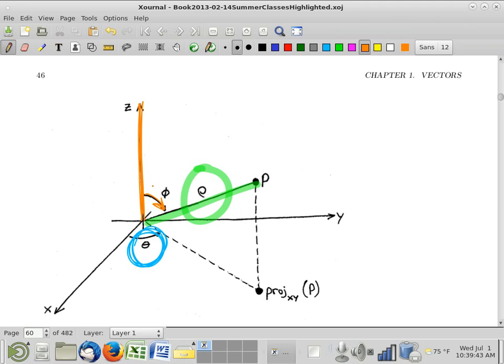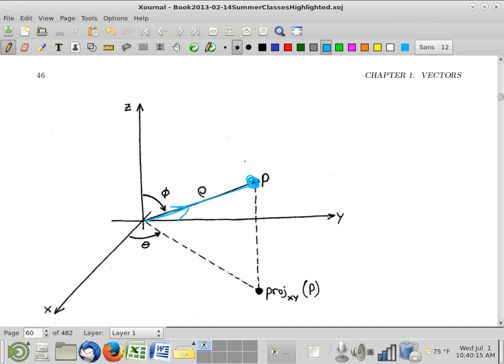Now notice theta doesn't go toward the point. Theta is measured from the x-axis, but it goes over to the shadow line. So phi and theta are definitely a little bit different there. It remains though that if you give me a rho, a phi, and a theta, given the theta and the phi, that defines the direction, and given a rho, that tells you how far to go in that direction, and that gives you that point.